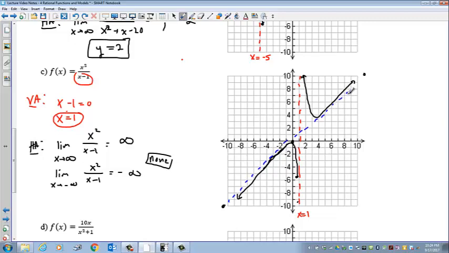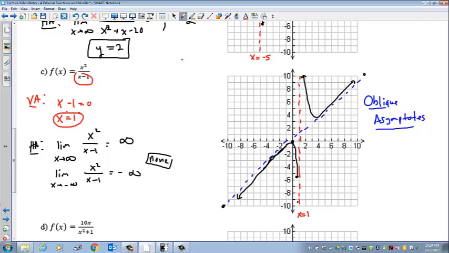And again, I don't talk about it much, but you may see it in the homework. They may say something about it, right? But they call this an oblique asymptote. We're not going to focus on them at all. We're just going to do horizontal and vertical asymptotes, but that's called an oblique asymptote.